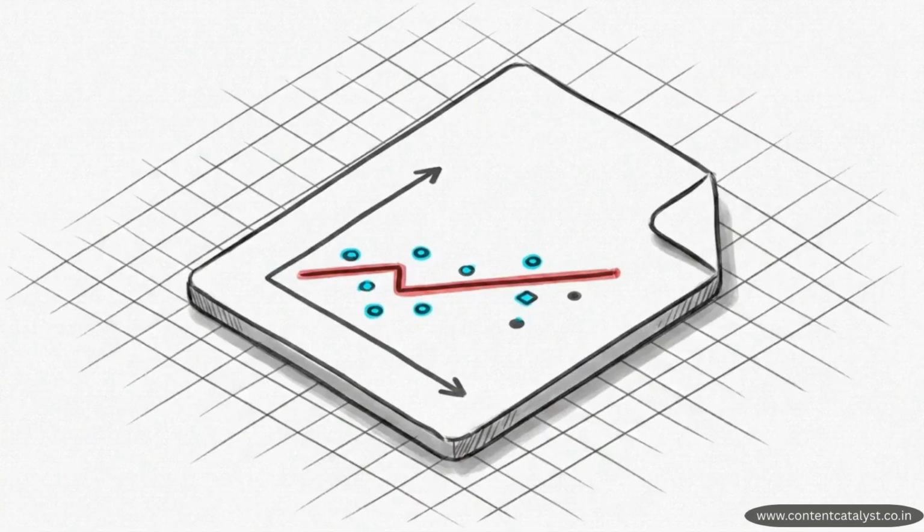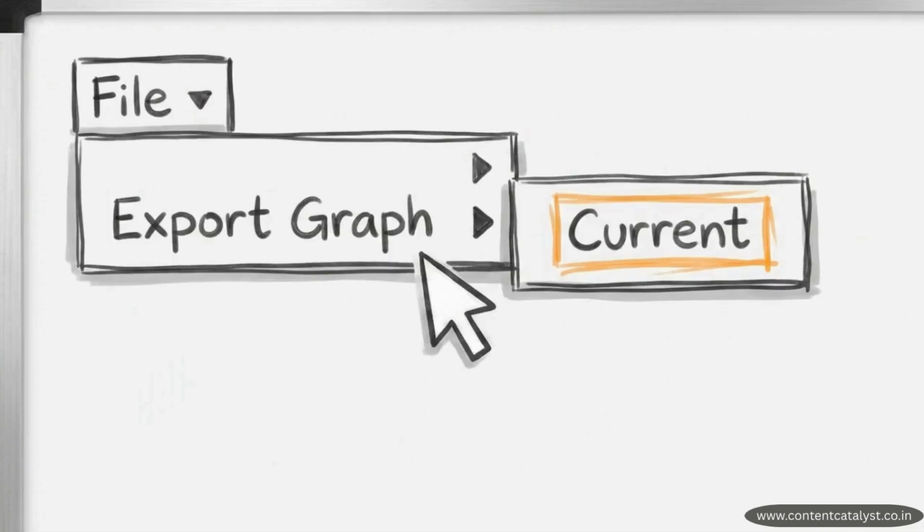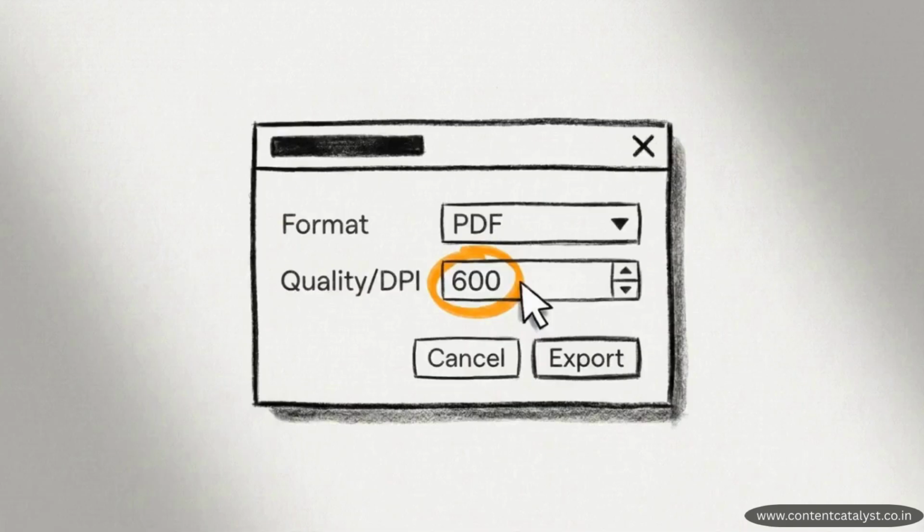Now that the visualization is complete, it's time to extract it from the software. Go back to the File menu, select Export Graph, and then choose Current. This dialog box shows your export options. Choose a standard format like PDF and manually adjust the DPI resolution setting to a high value.